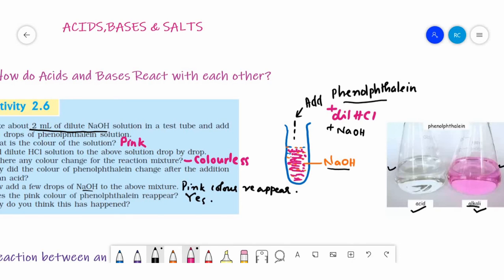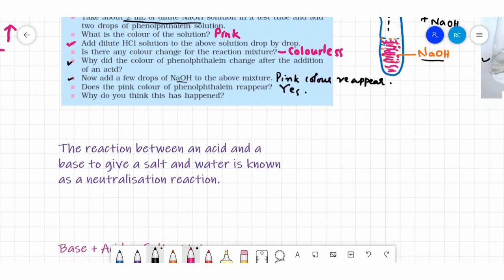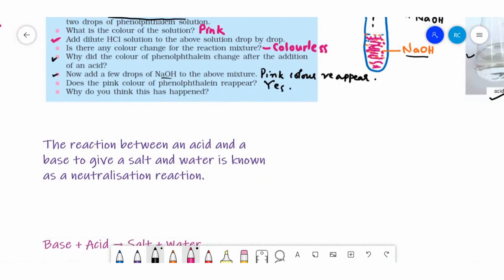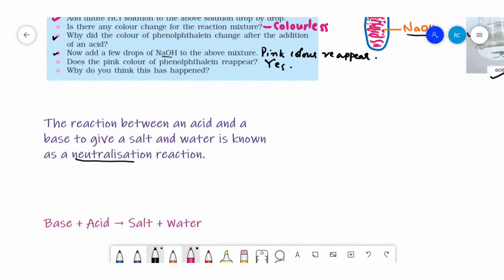So what do we call this kind of reaction? This kind of reaction we call a neutralization reaction. So what is a neutralization reaction? A neutralization reaction is a reaction between an acid and a base, and we get salt and water.